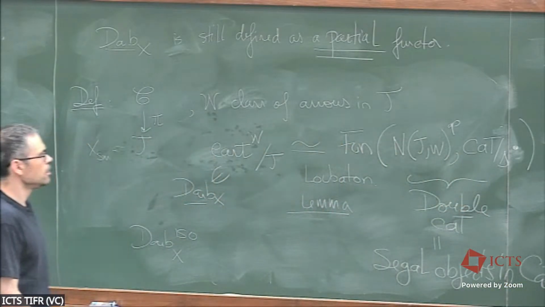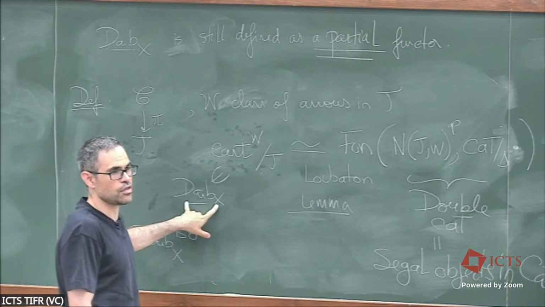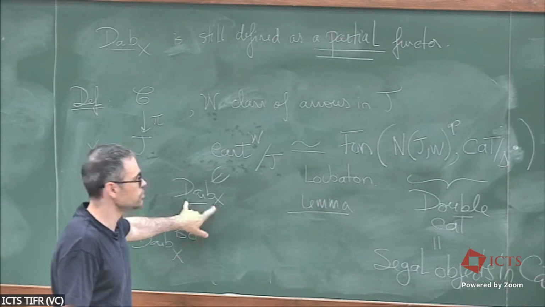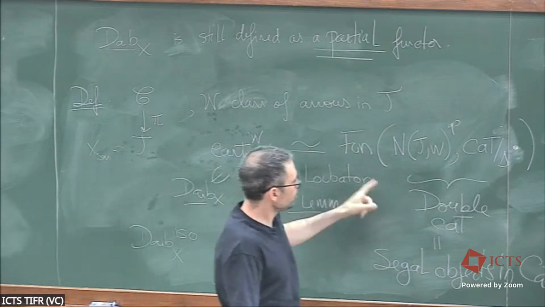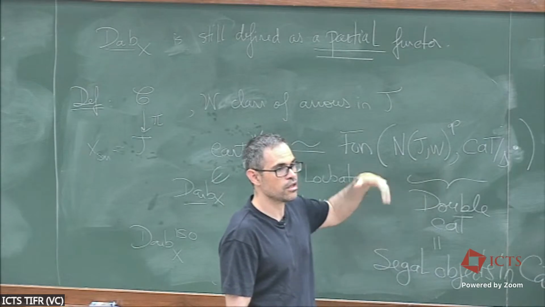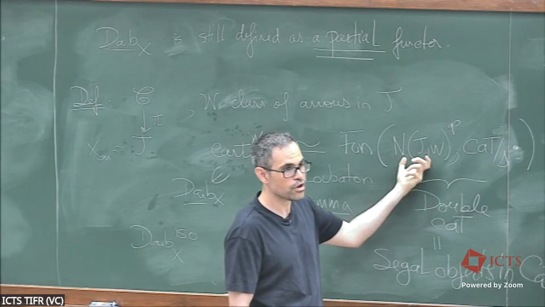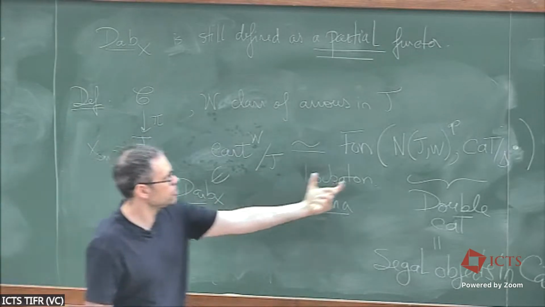Okay? So just to explain a little bit what is going on here, there are two things. One, the Darboux functor is not even a functor, so you have to consider it in some weird place. In this weird place, there is also a notion of a Grothendieck topology on this double category. So there is an infinity 2 category with a site structure. You can sheafify, in terms of sheaves in this infinity 2 category.